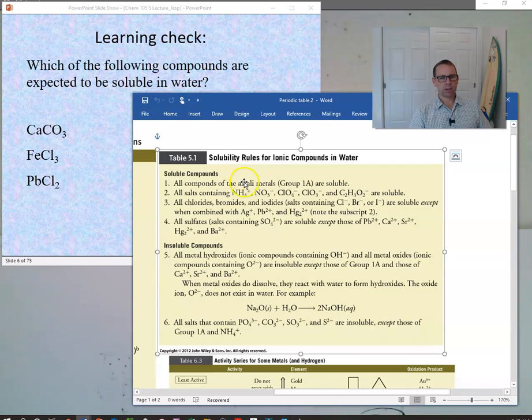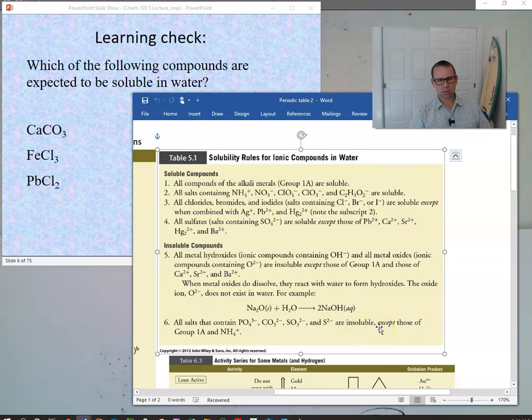What rules can we find? Look through these rules and see if you can find anything about calcium or anything about the carbonate. Oh, carbonate. What's it say? Rule 6? Yeah. Read it for us. All salts that contain phosphate, carbonate, sulfite, and sulfide are insoluble.